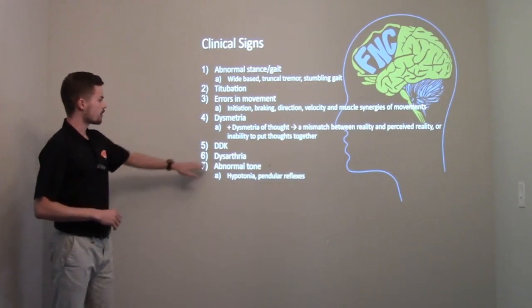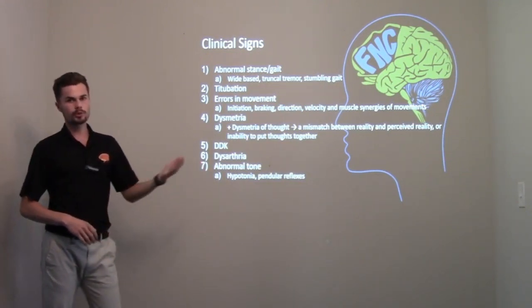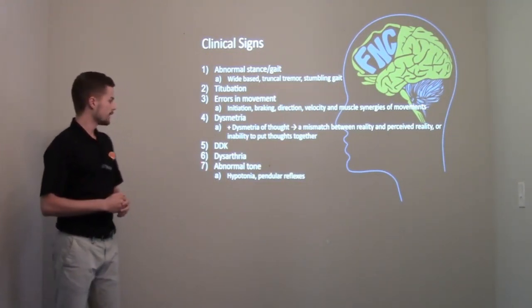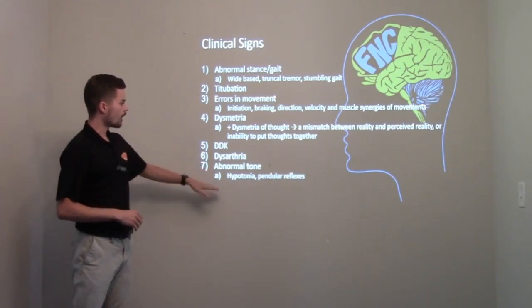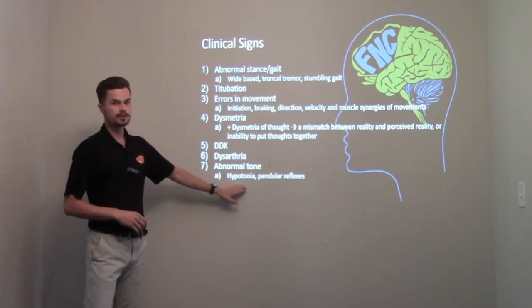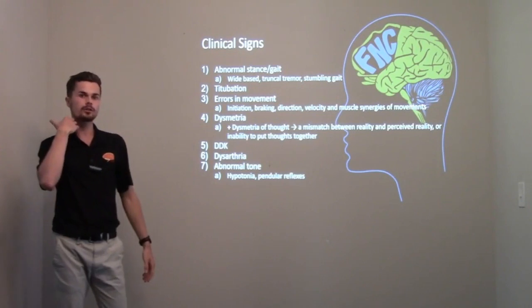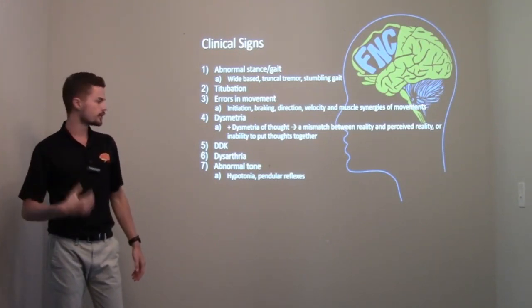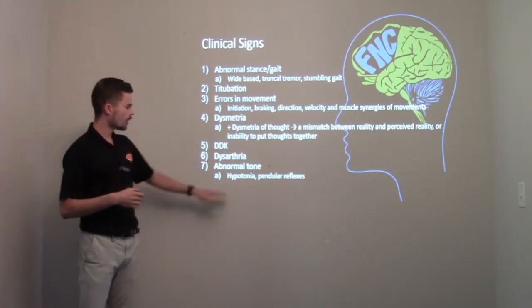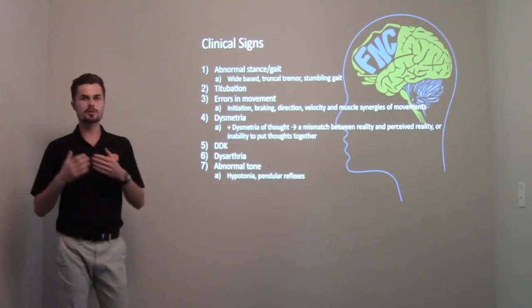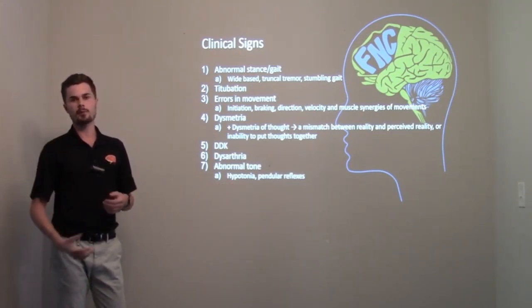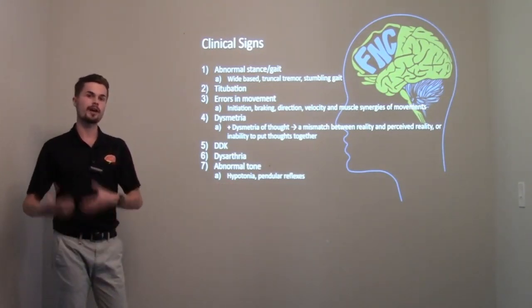Then we have dysarthria, which is basically this hoarseness of your voice, abnormal tone, hypotonia, and pendular reflexes, and you'll see this ipsilateral to the side of the cerebellar lesion. Okay, so hypotonia just means that you have less muscle tone, there's less alpha and gamma motor neuron activity happening on that side of the body.